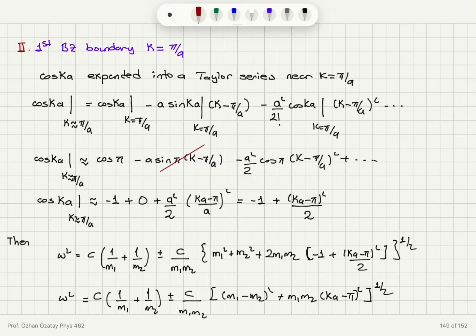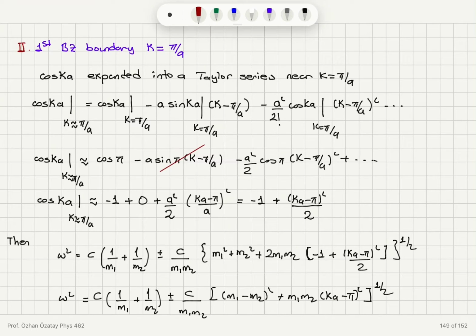So it becomes plus a² over 2, (k minus pi over a) squared. So the answer is minus 1 plus (ka minus pi) divided by a squared, but the a's will cancel. So I will have (ka minus pi) squared divided by 2.